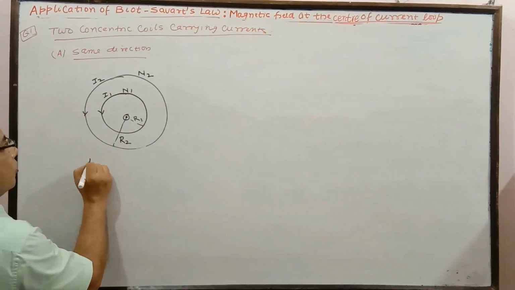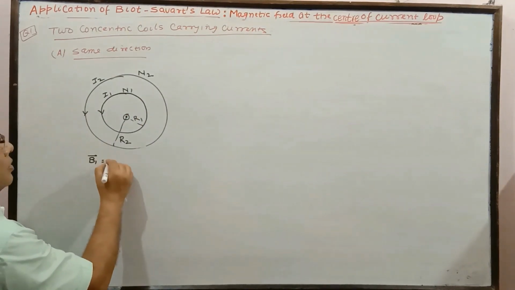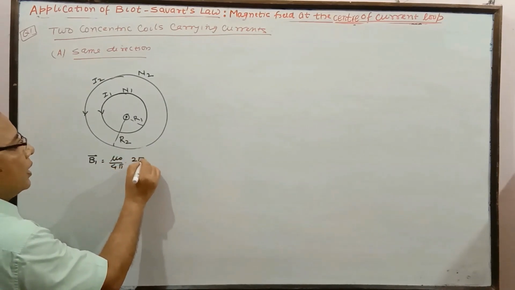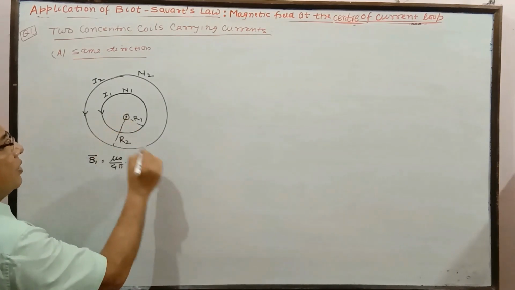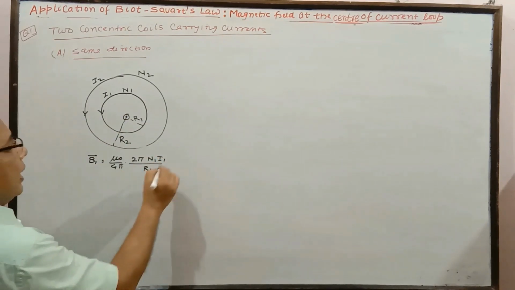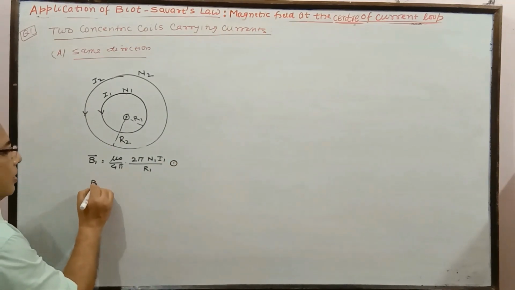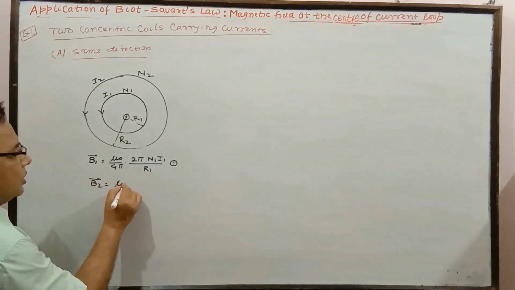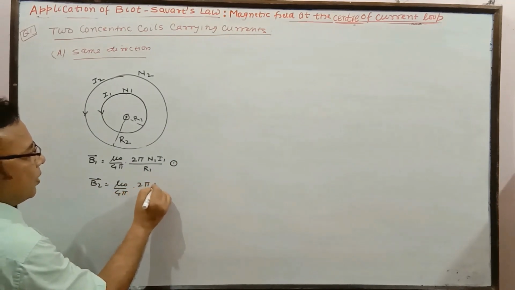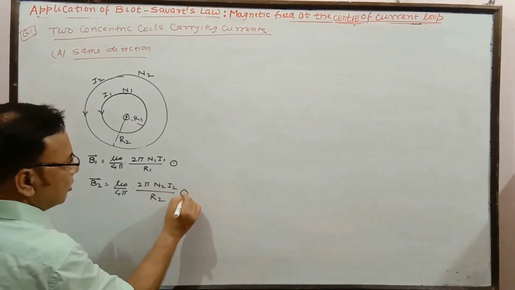So here, B1 due to the first is equal to mu naught upon 4 pi into 2 pi n1 I1 upon r1. This is due to the first, and it is coming out, so this is due to the second. In the same way, B2 is equal to mu naught by 4 pi into 2 pi n2 I2 divided by r2, on second dot.